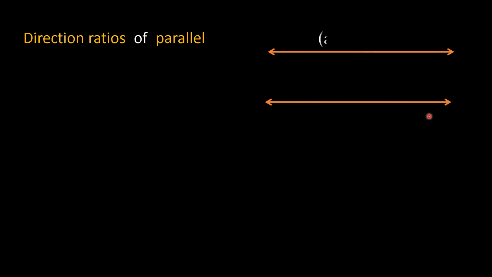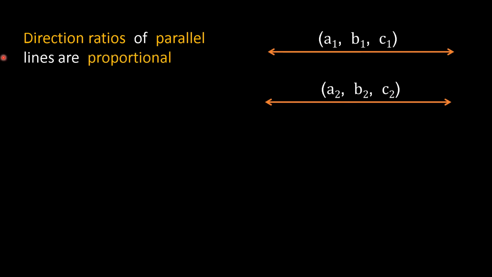Direction ratios of parallel lines a1 b1 c1 and a2 b2 c2 are proportional, that is a1 by a2 equals b1 by b2 equals c1 by c2.